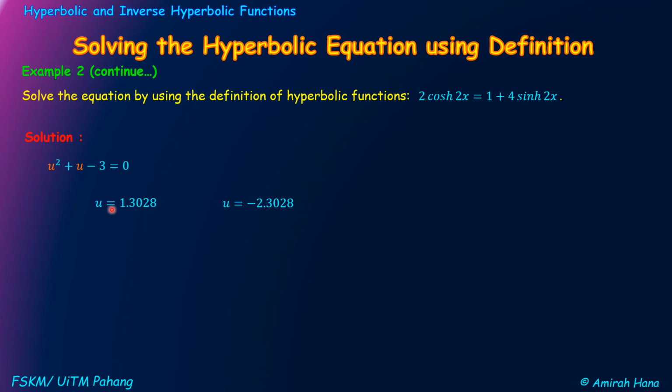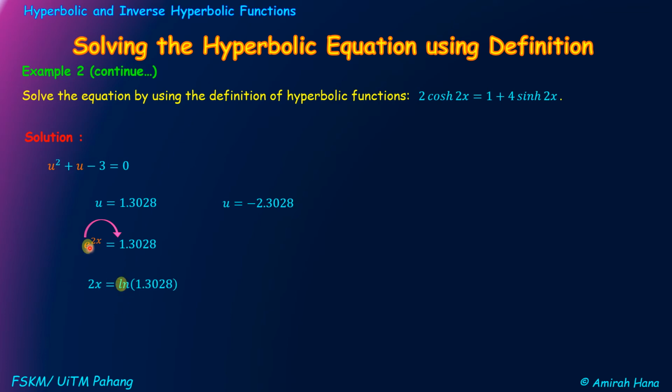Okay? And then from the previous slide, our u equals e to the power of 2x, which equals this value. Okay? And then we want to solve, which means we need to find the value of x. Now our x is in the exponent, so we need to move e to the right-hand side. When we move e to the right-hand side, we have ln.